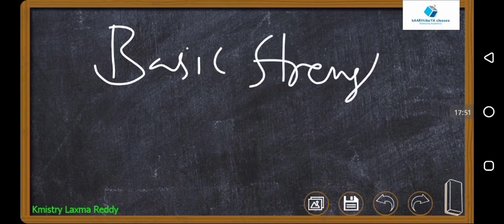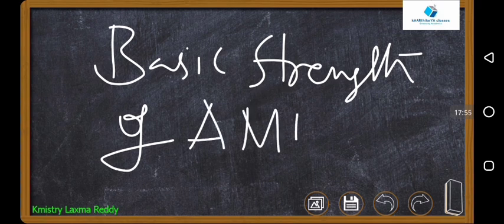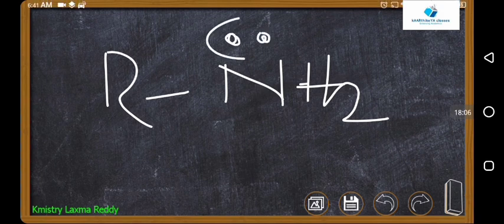Then the basic strength of amines you can also explain. What do you mean by amine? For example, this is an amine, RNH2. Nitrogen has a lone pair of electrons. Because of the lone pair, it is a very good Lewis base.